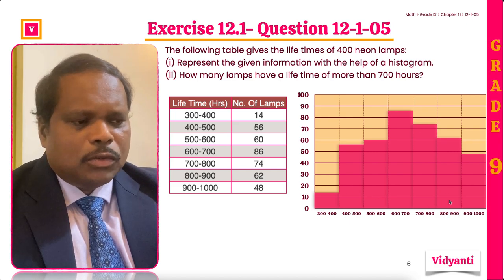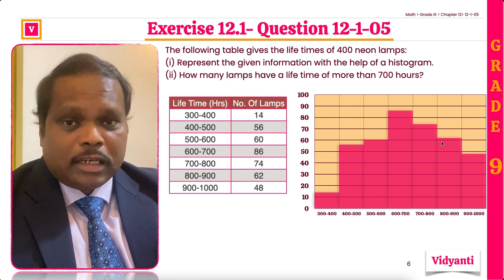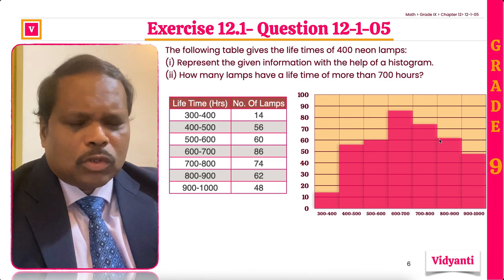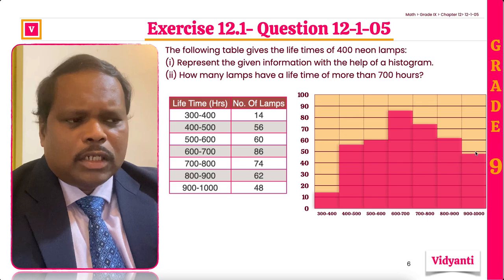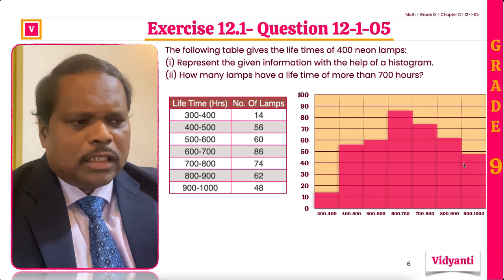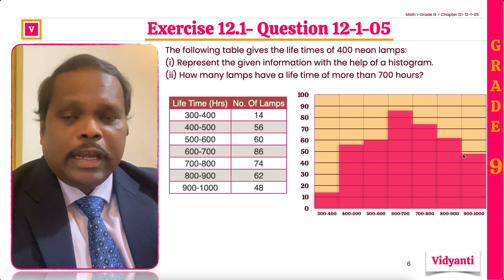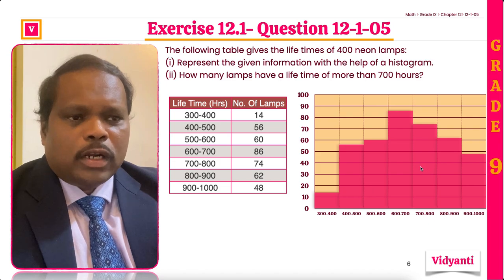And then 62 is 6 centimeters completely, and then 2 minor divisions, which is like 2 small millimeter lines if you have actual graph paper. And 48 will be barely short of 50, so that is 4 full centimeters and then 8 minor lines. So this will be your histogram.